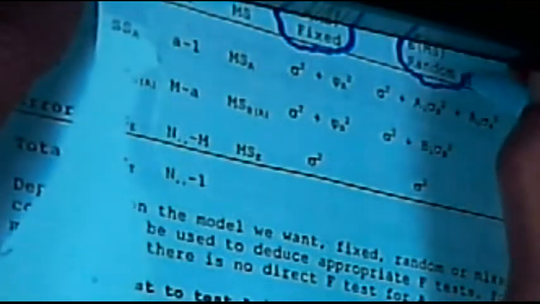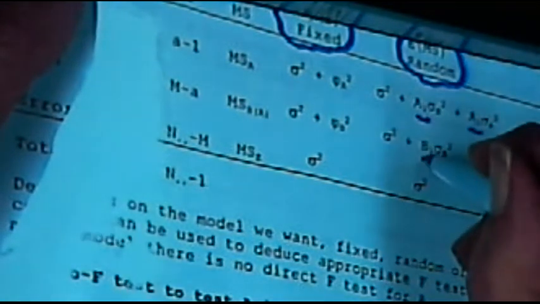So the expected mean square column is the same as we had before, and so the F-test will be the same. If you've got unbalanced data, do it. Now, when we have a random model, both factors are random. Notice there are changes here. We have A1, A2, and B1 appearing here.